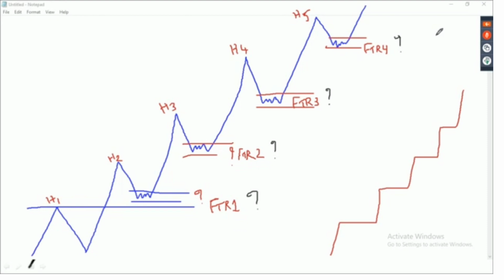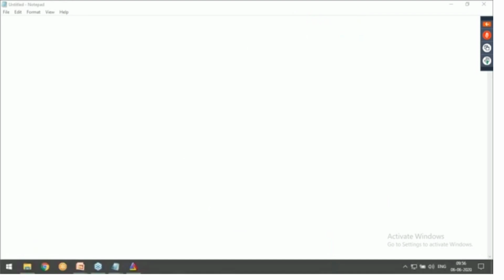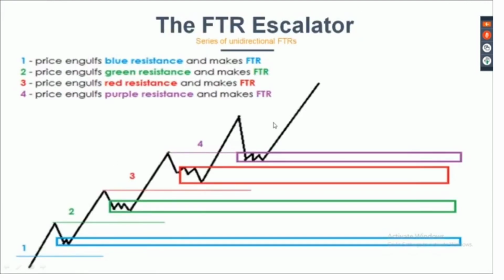It kept on moving, moving, moving. No worries. When the trade comes, it will come. In this example, there is no trade. Raj, it's multiple. Please understand only this much for now. That's called an FTR escalator. H1 and H2 form FTR1, H2 and H3 form FTR2, and so on.